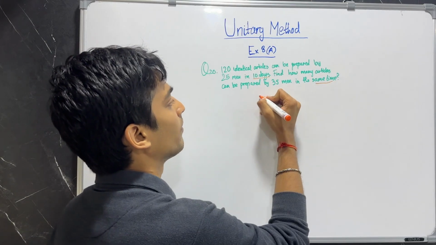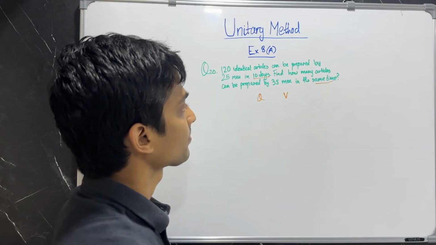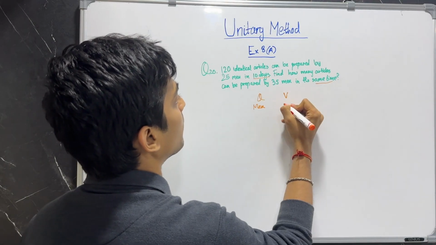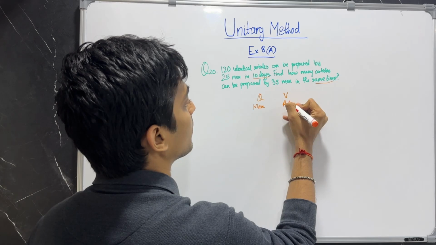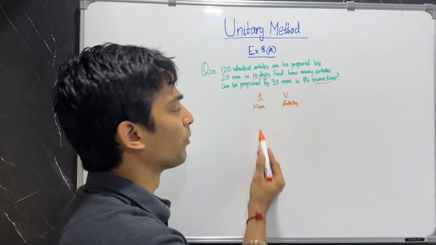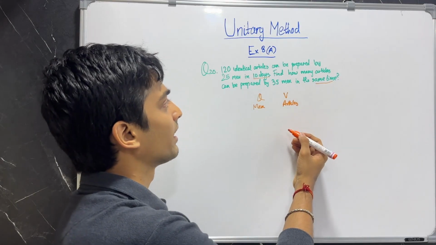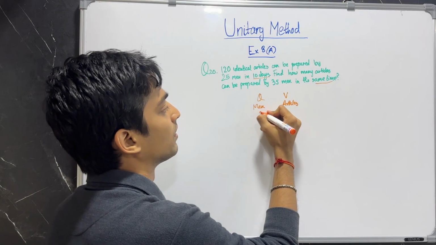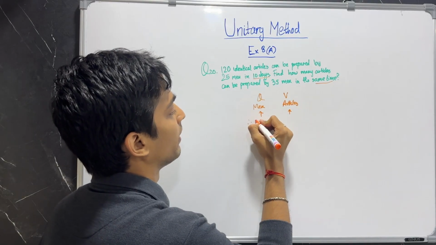Let's write the quantity and value. Quantity value, men, articles. Now let's think, if number of men increases, number of articles they can prepare will also increase. So it's a direct variation, right? Therefore direct variation.